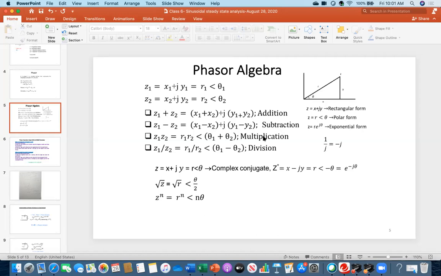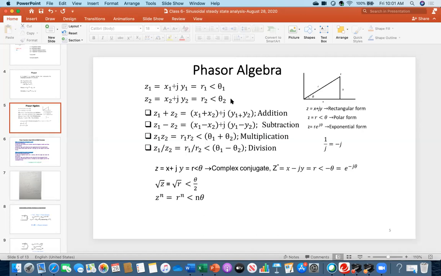This is fine. During multiplication, I am using the polar format. Everybody look: during multiplication, r1 multiplied by r2, and the angle is theta 1 plus theta 2.